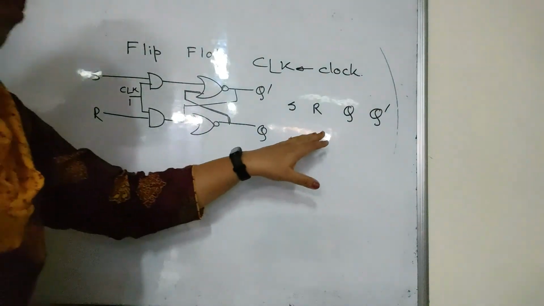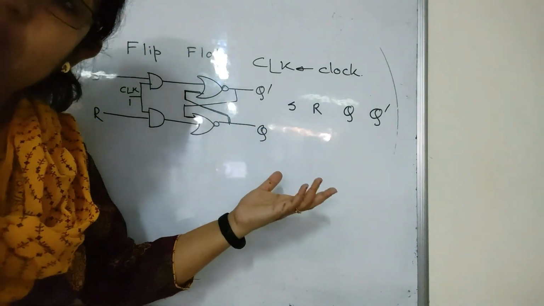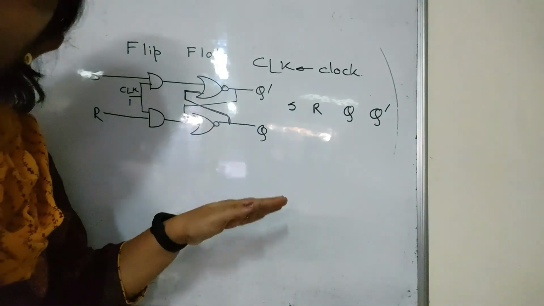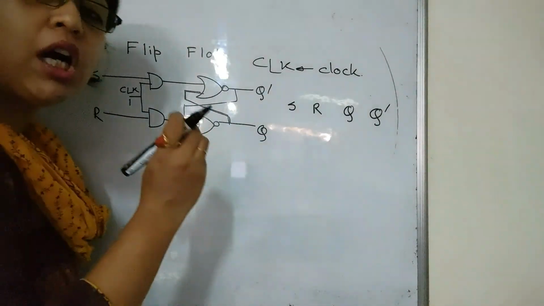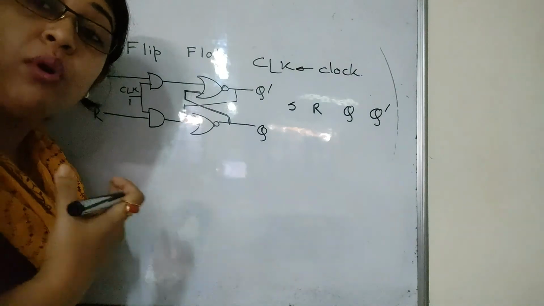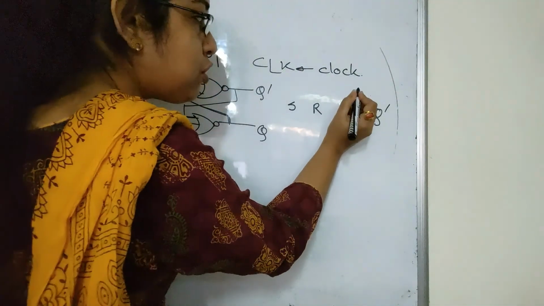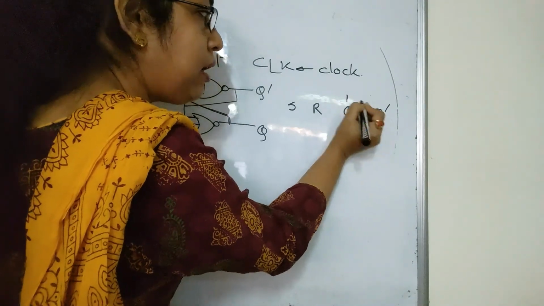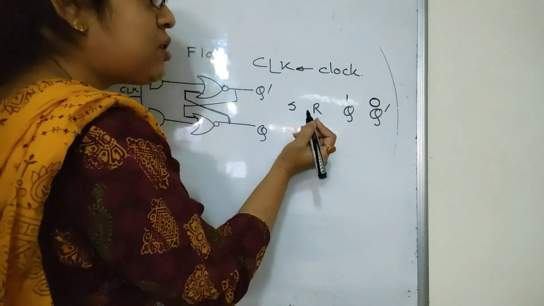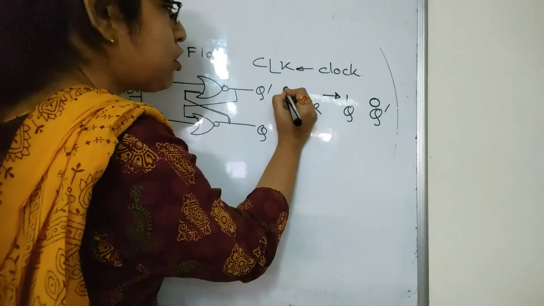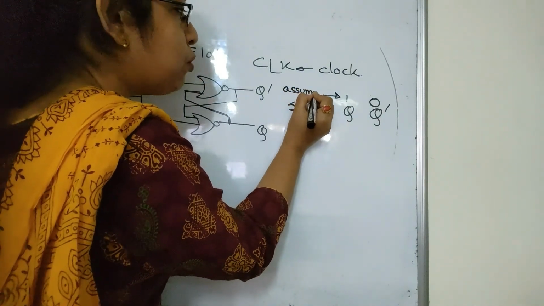So when we are working on the working of the flip-flop, we have to assume some previous output. So let us assume that the Q value is 1 and the Q dash value is 0. This is an assumption.